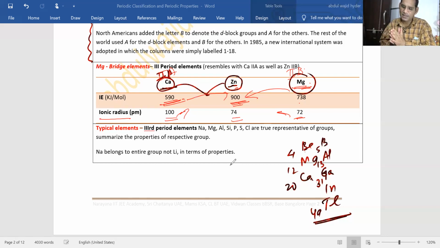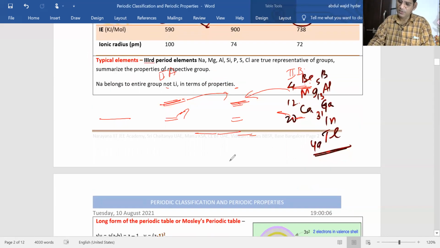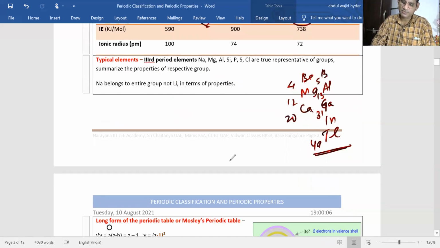Now see typical elements. What are typical elements? All these definitions we should know. Third period elements like sodium, magnesium, aluminium, silicon, phosphorus, sulfur, chlorine are true representatives of groups. Na belongs to the entire group, not lithium, in terms of properties. The first member of the group does not represent the properties of the entire group. This is the meaning of typical element.